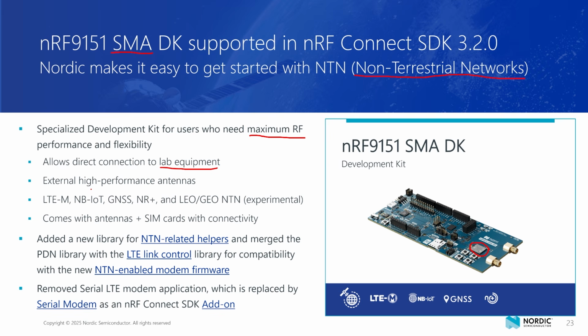You can also connect to external high-performance antennas, and it supports essentially all of the existing protocols that you had with the nRF9151 DK: LTE-M, NB-IoT, GNSS, NR+, and with the addition of LEO NTN connectivity, which is of experimental maturity. This kit comes with antennas, and it also comes with SIM cards for connectivity, including for NTN connectivity. You can check more information on the webpage for this kit.